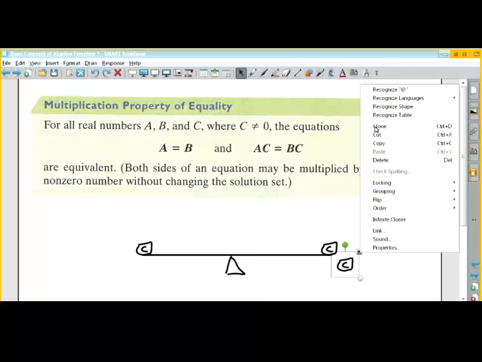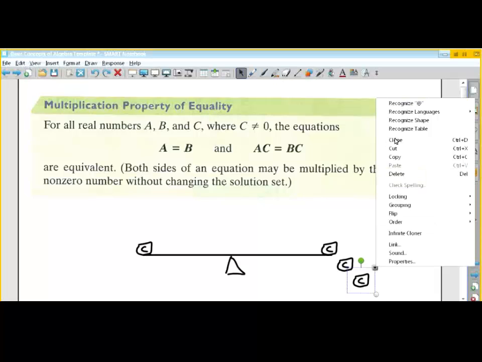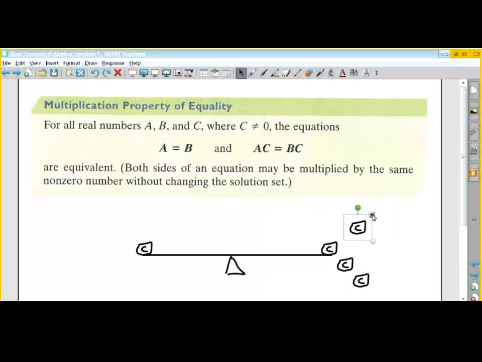Now if I make, let's say, 5 copies of this thing, and I stick 3 of them over here and 3 of them over there, and I made 1 extra I didn't need, I know that's going to be balanced.